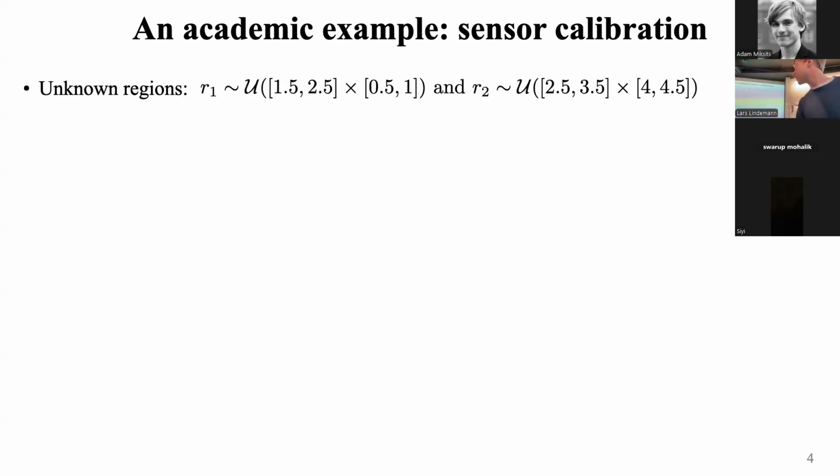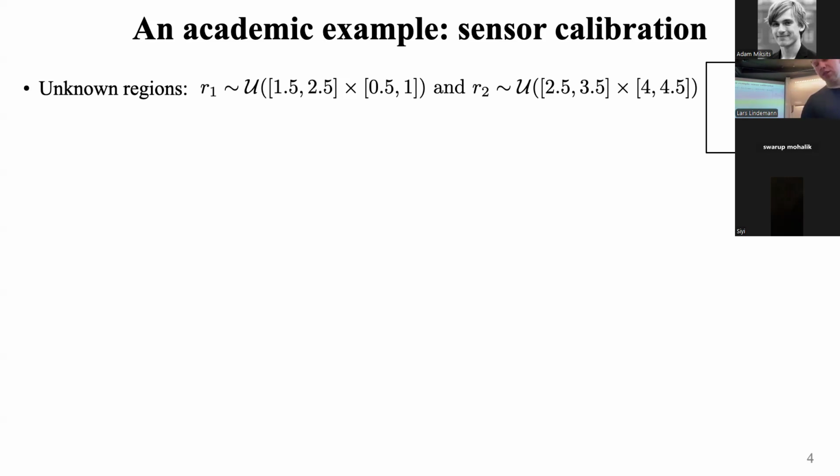Now, first, a really simple example just to illustrate how you could instantiate this. Here we have unknown regions, R1 and R2, that are uniformly distributed in the 2D plane. This is just something I picked. For instance, if you draw one realization, it could be R1 and R2 over here. Now, the important part is we don't know R1 and R2.